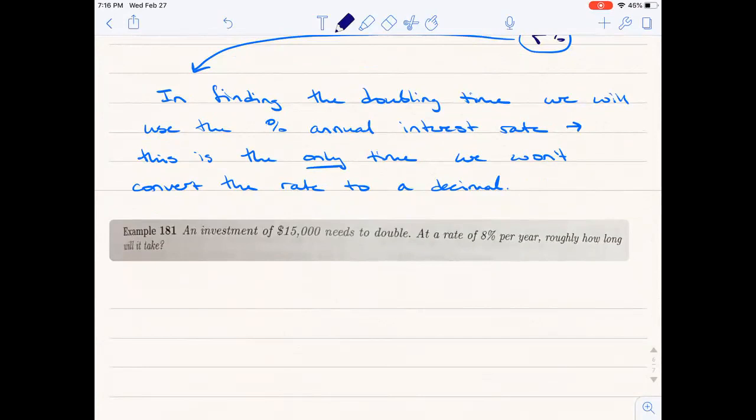Right, so roughly how long is this going to take? So you could go through and calculate and find n, just like we did earlier, and then solve for t, right? How long is this going to take?